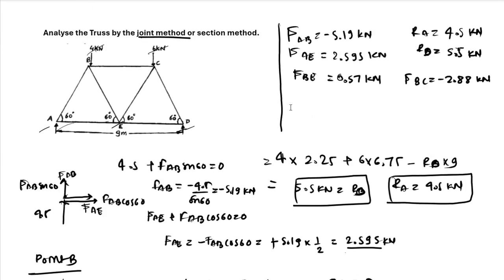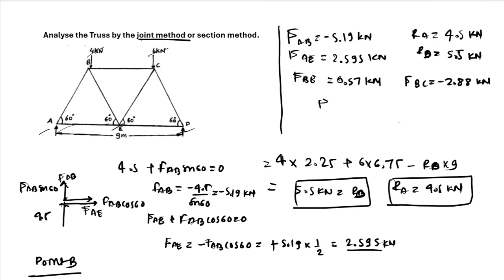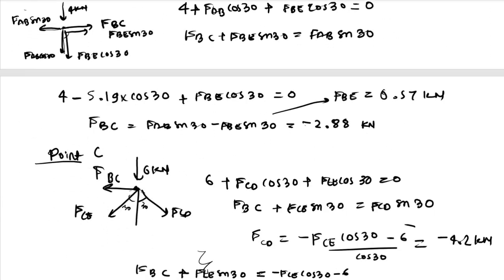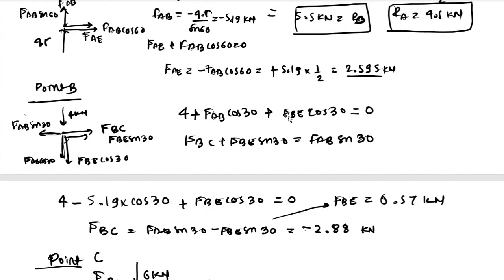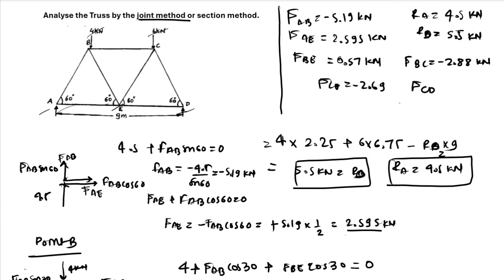Let us write it here. You have got FCE as minus 2.69, FCD as minus 4.2 kilonewton. And we can now solve this further.